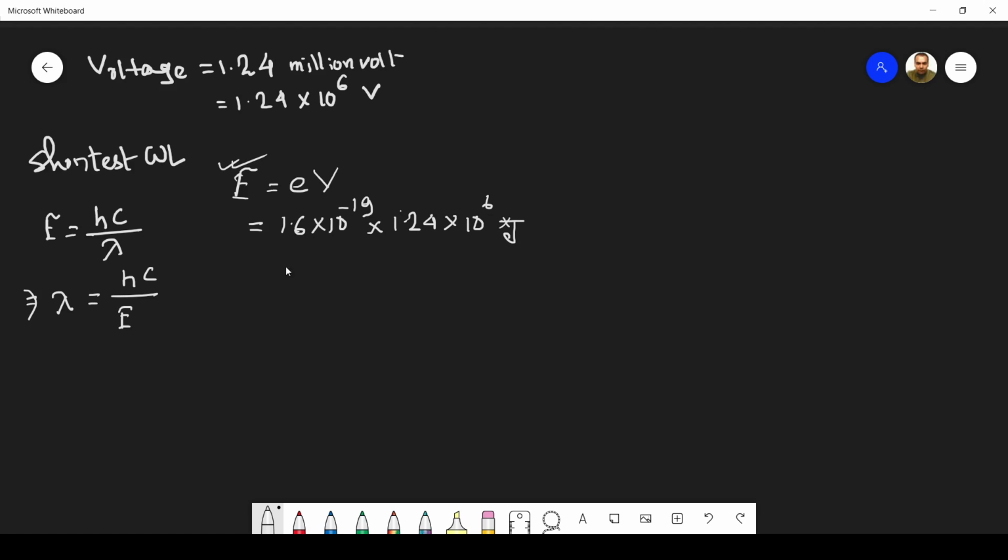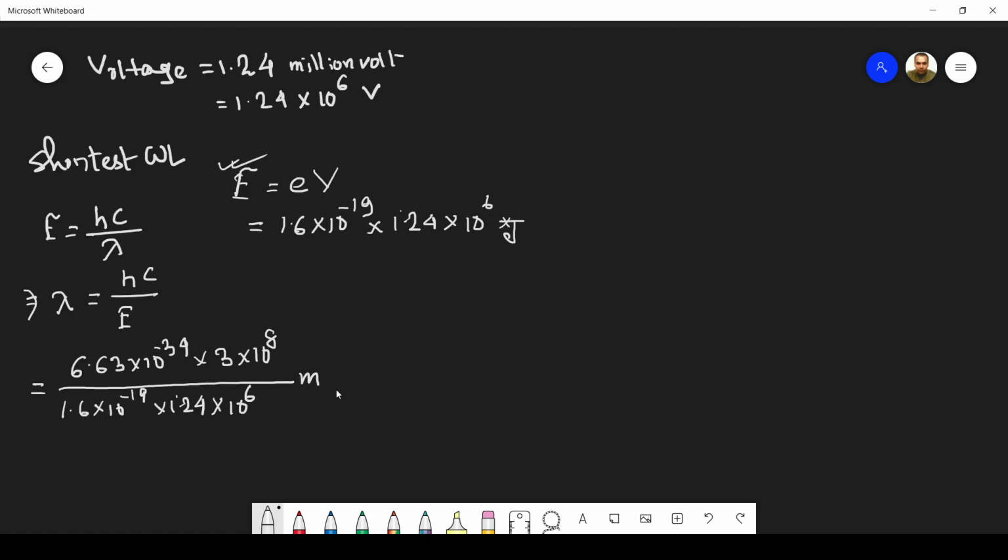Now substitute the value of energy here. What quantities do we have? h means Planck's constant, which has a value of 6.63 multiplied by 10 to the power minus 34, multiplied by c. c is the speed of light, 3 multiplied by 10 to the power 8, divided by E, the energy, which is 1.6 multiplied by 10 to the power minus 19 multiplied by 1.24 multiplied by 10 to the power 6.